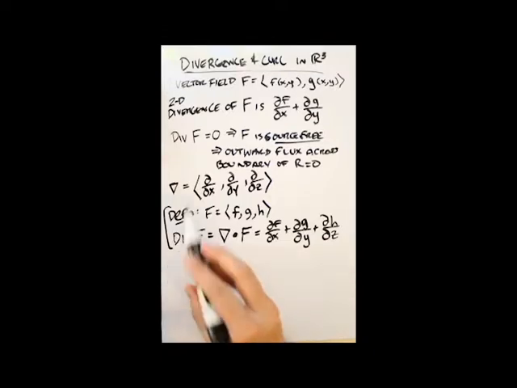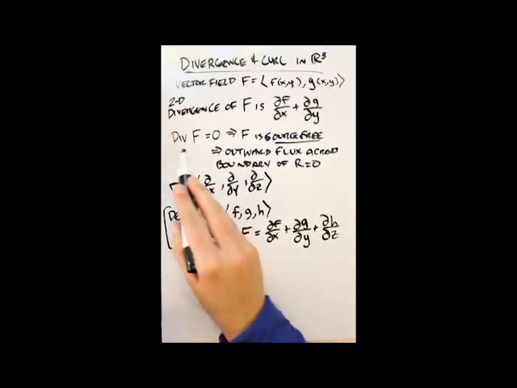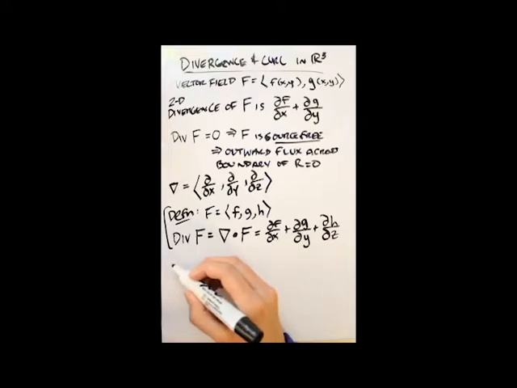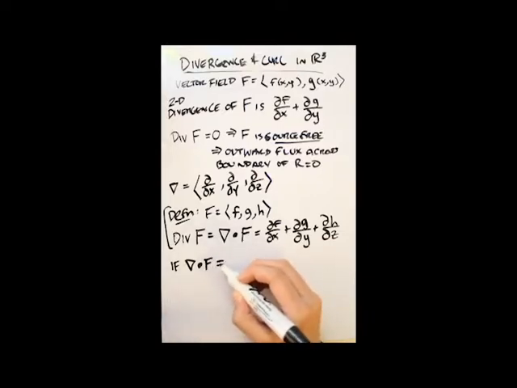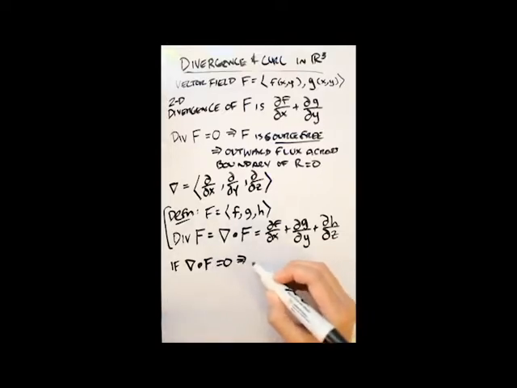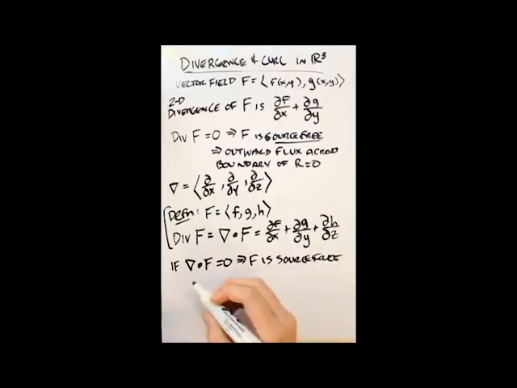Now, carrying over this idea of the divergence being 0: if the divergence, which is now defined as this dot product of del with F, is 0, we already know what that means. This means that F is source free once again on R, on our region. And if it's not 0, let's mention what happens there.